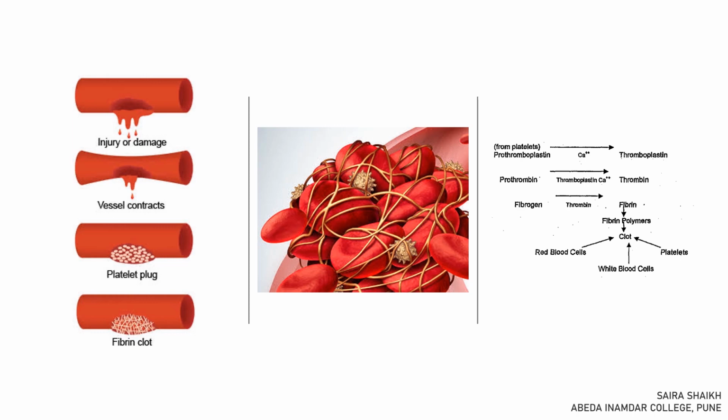Fibrin is present in the form of fibers. It is a fibrous protein which forms a network at the region of the ruptured blood vessel. In this network, further the red blood cells, white blood cells and platelets get trapped and the formation of the clot is complete.